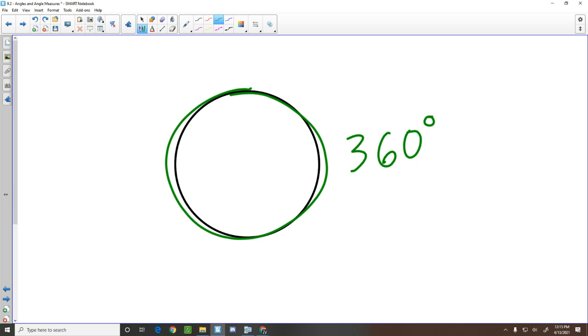Doesn't that seem like an odd choice when so many things in our world are base 10? Why not make it 100 degrees altogether? Then when you divide it up into fourths, each one would be 25 degrees, like a quarter. But instead, a quarter of a circle is 90 degrees. Why 90? We're used to that because we grew up with it.